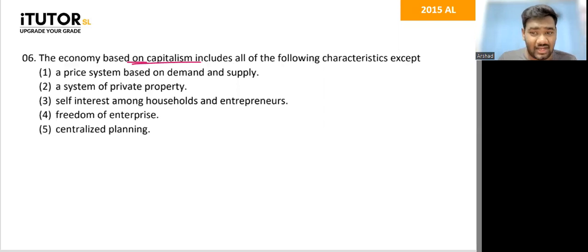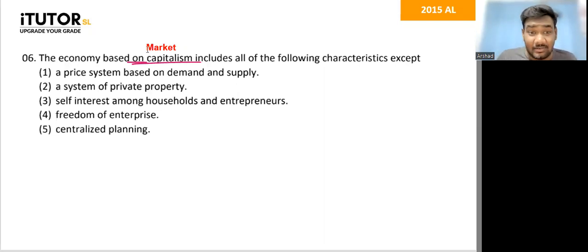We're talking about a market economy, where the government doesn't intervene. It includes all of the following except which one? That means 4 of these are characteristics of a market economy. One of them is not.